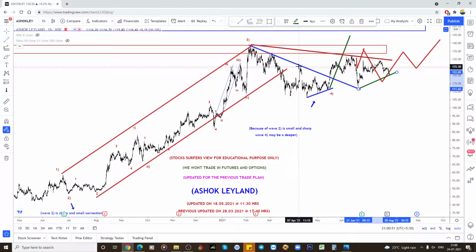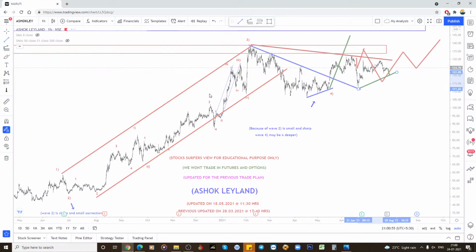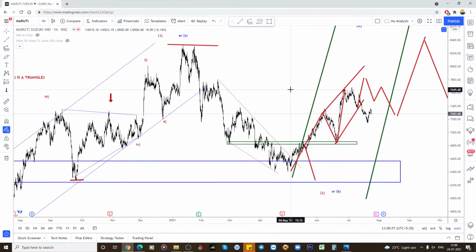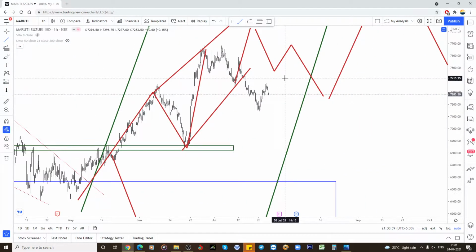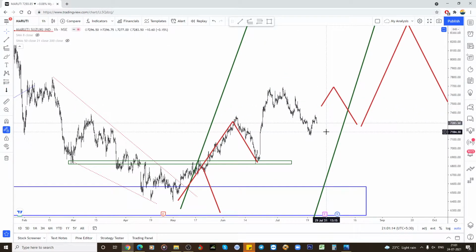So next is Maruti. See, I expected from here a leading diagonal, but what it did, it again came down in a three-wave structure to the downside. So still we are in that correction part, it seems like that.